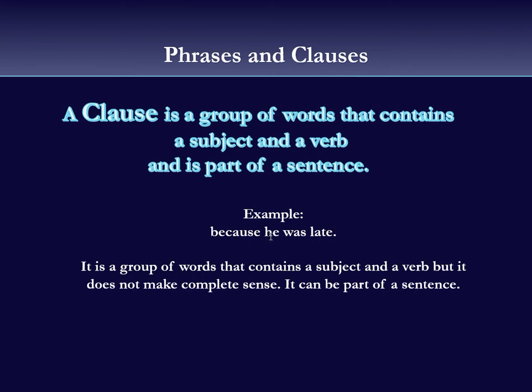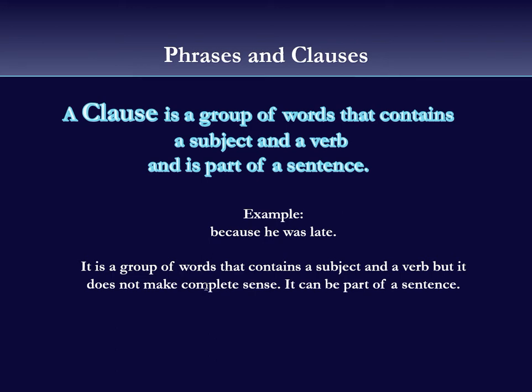Although it has a subject and a verb, it does not completely tell what it means. So, such a group of words is a clause. It tells us something but not completely. It does not make complete sense.